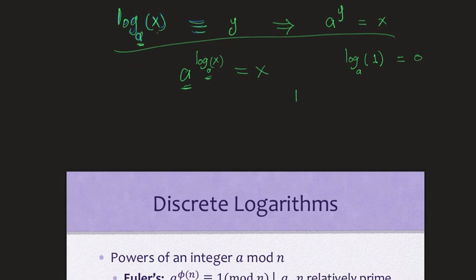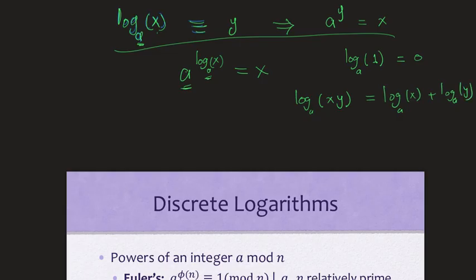And then what are the other properties? The log of x times y is equal to the addition of the logs: log x base a plus log y base a.